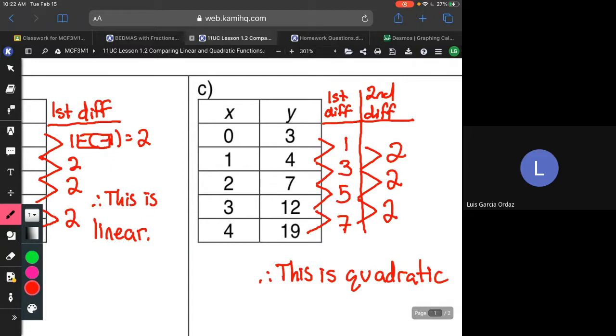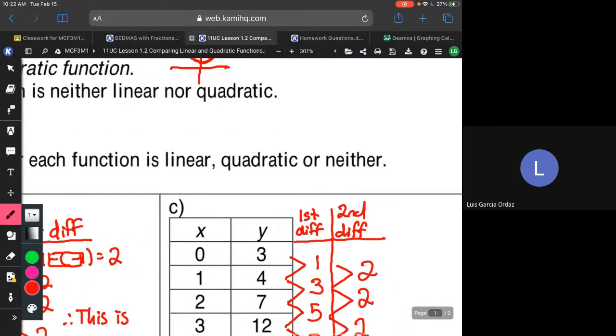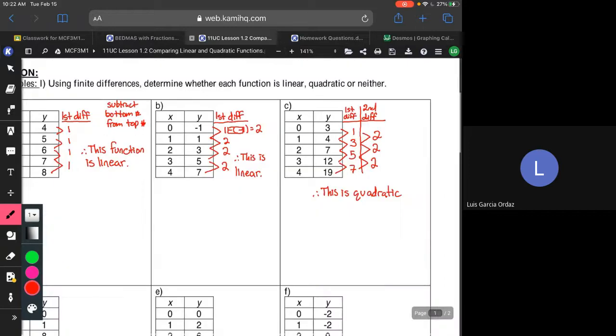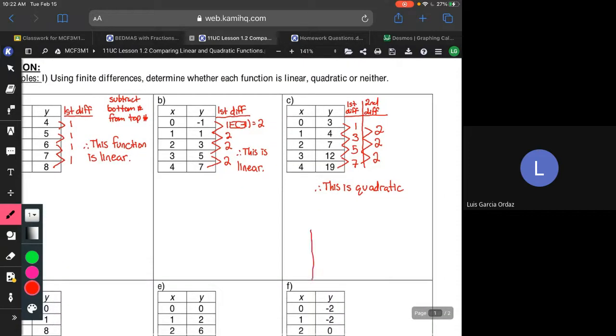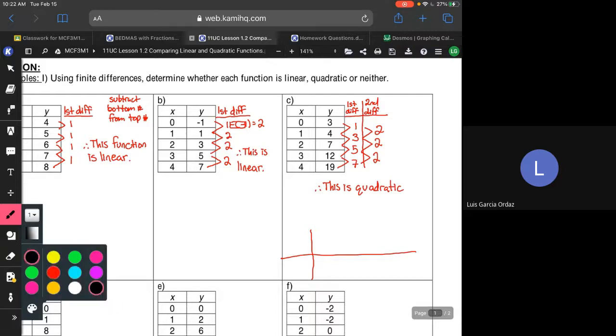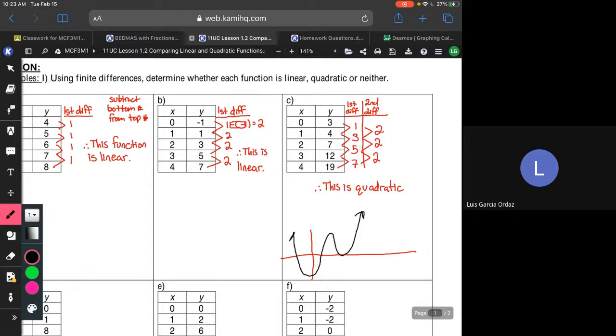If you're ever wondering what a quintic function would look like, I know one of you is probably wondering, this is something to the power of 4.